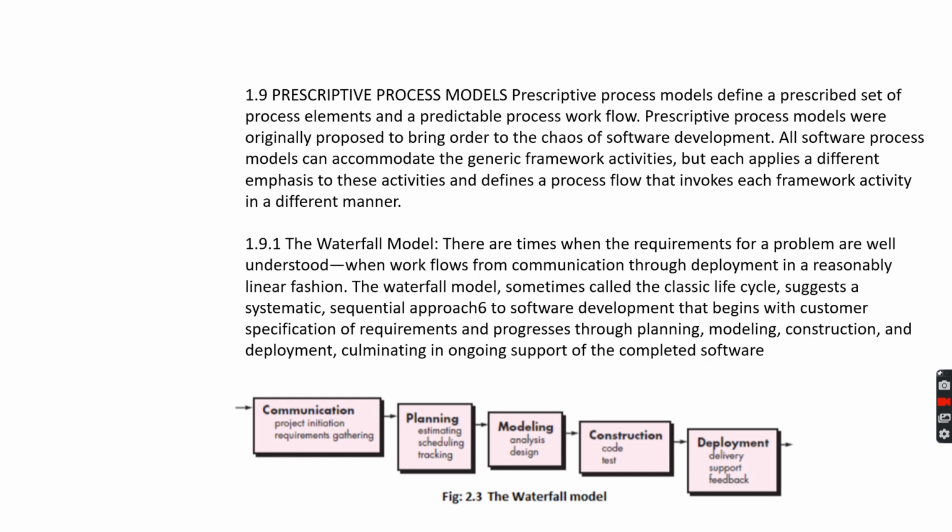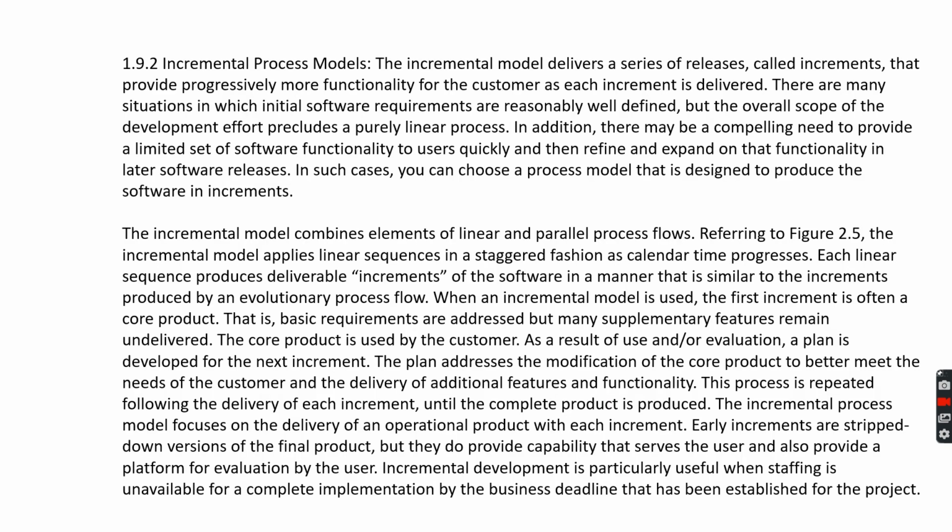Sometimes it's also called the classic life cycle because it follows a chain of steps from communication to deployment, thus suggesting a systematic sequential approach to software development that begins with the customer's specification of the requirements, progresses to planning, then modeling, then construction, and finally reaches deployment, that is, the delivery, support, and feedback to the user.